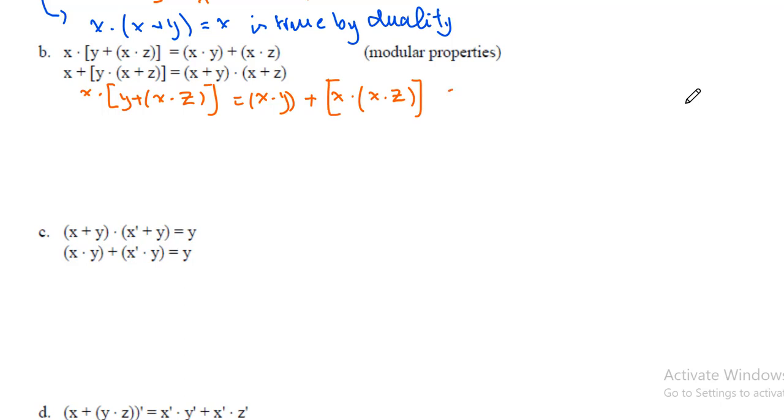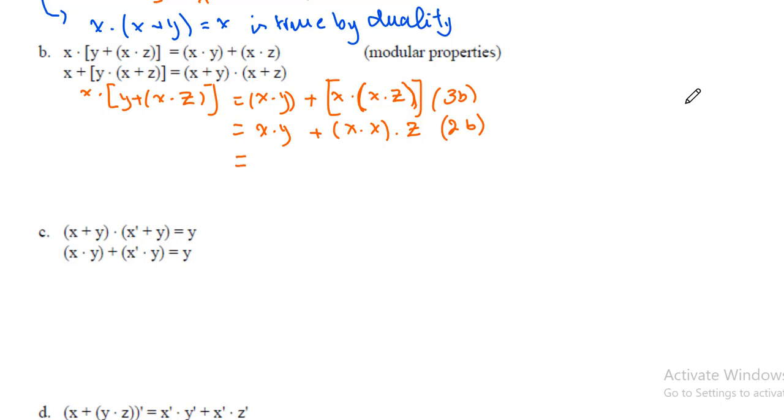So what I'm using is 3b, distribution. And now we'll leave that first term the way it is, but the next term I'm going to use again the distribution property. So what I would use is the associative property. I just move this parenthesis in the first, so we'd use 2b.